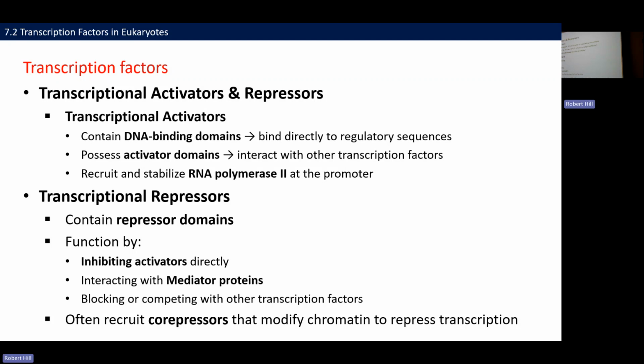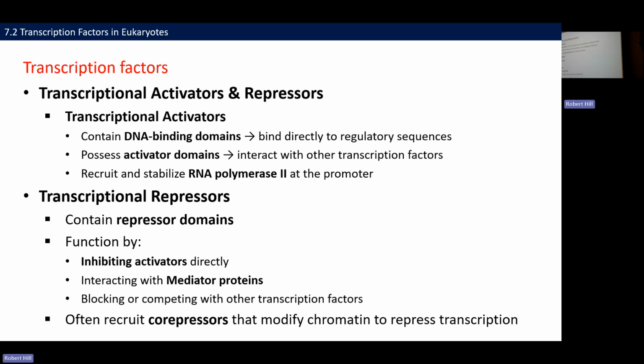All right, transcriptional activators, and think about these proteins and what they're going to do. They have to bind to DNA, so they're going to contain a DNA binding domain, right? This is the domain that actually fits onto the DNA and locks in. If you take my molecular biology class, we'll talk a lot about those domains within proteins that bind to regulatory sequences.